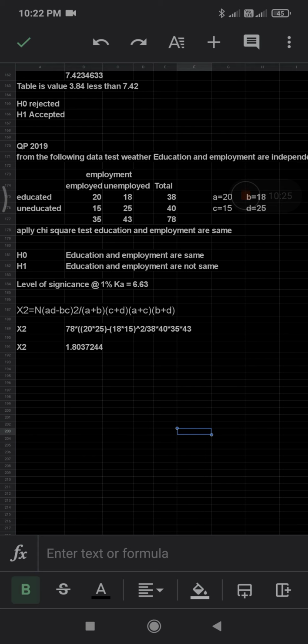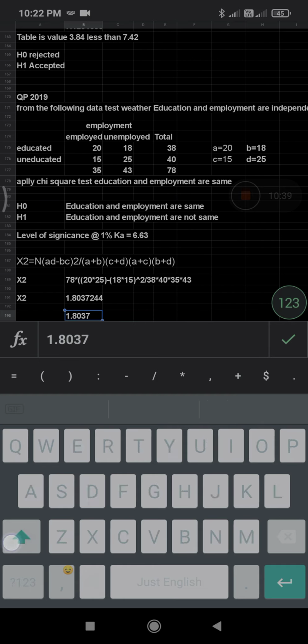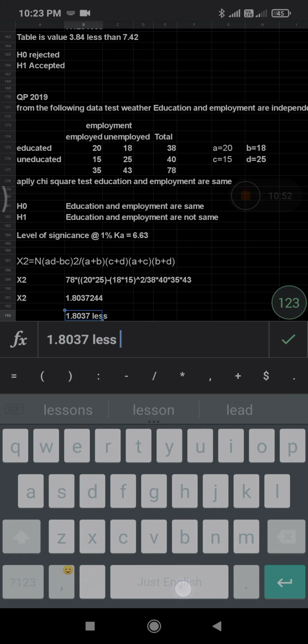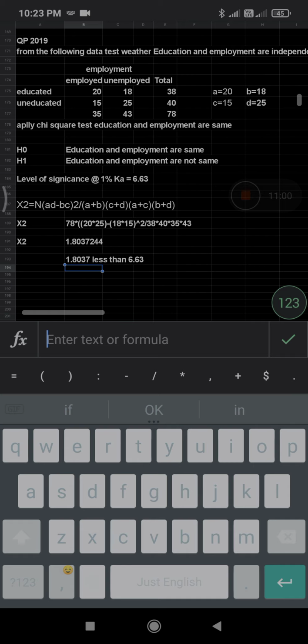Table value is 6.63 and our calculated answer is 1.80. So 1.8037 is less than, I'll write it in words, less than 6.63. So 1.8037 is less than 6.63.